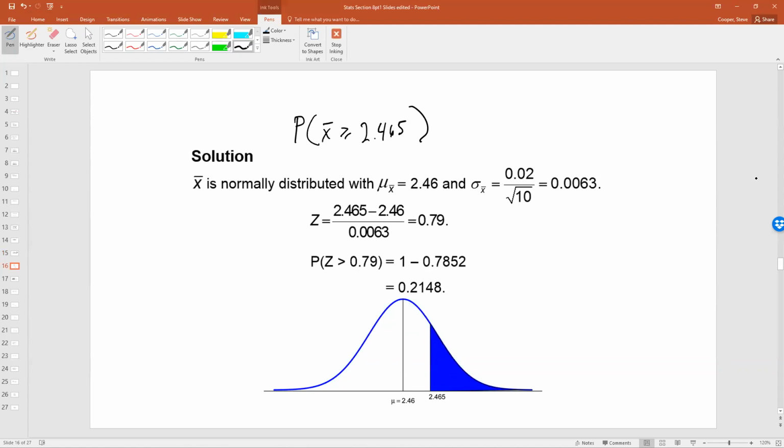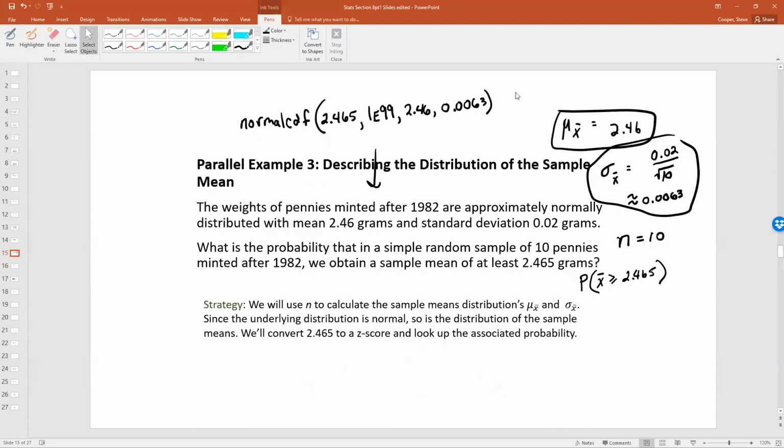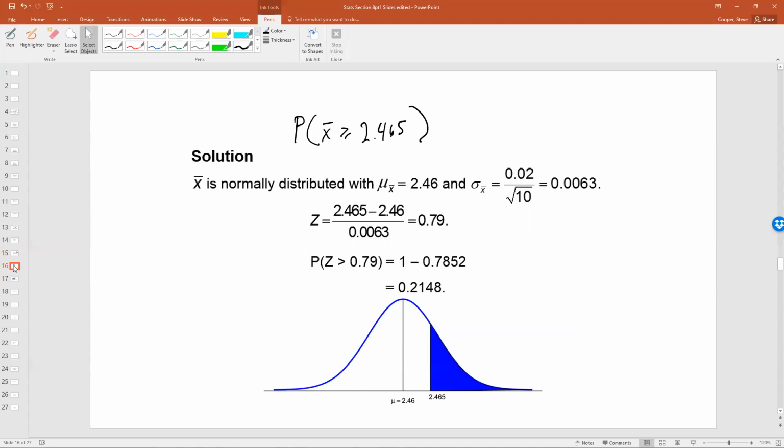Okay, if you had your calculator and you try the normal CDF that we did up here, you can verify that you get the same thing, or at least close to it. So if anybody has done that, great.